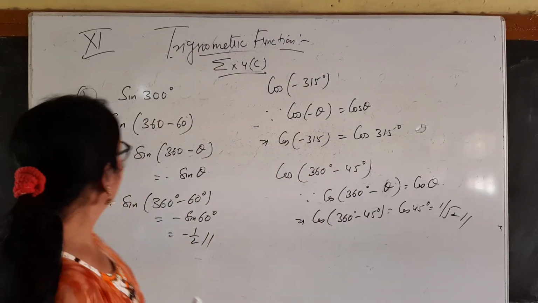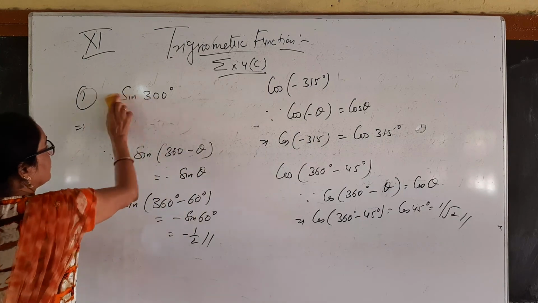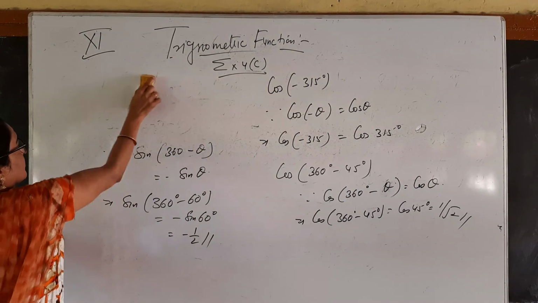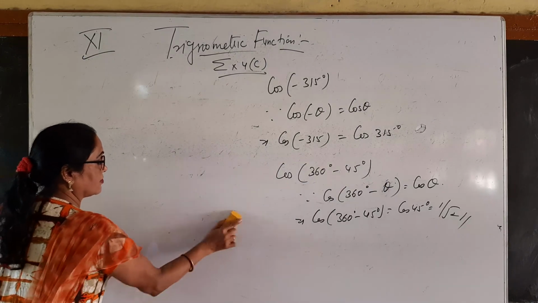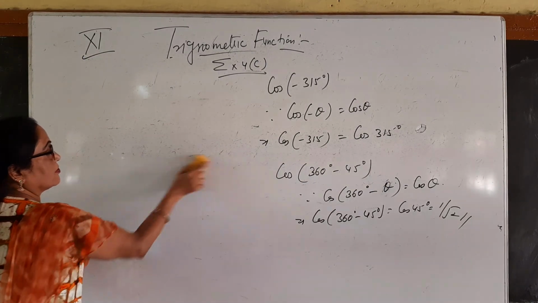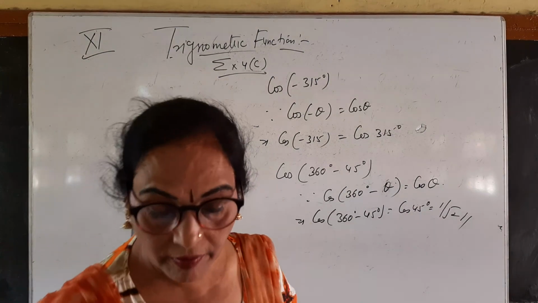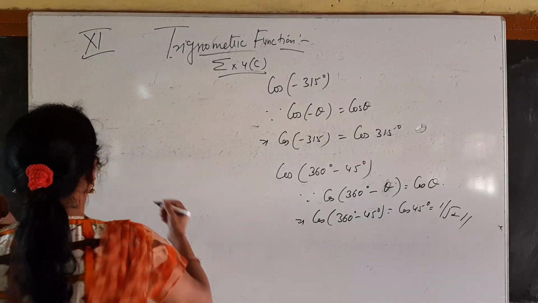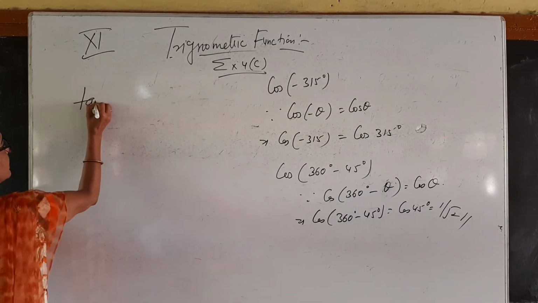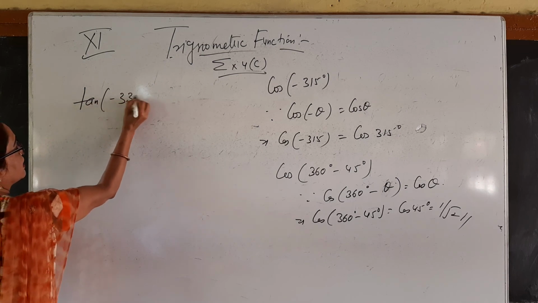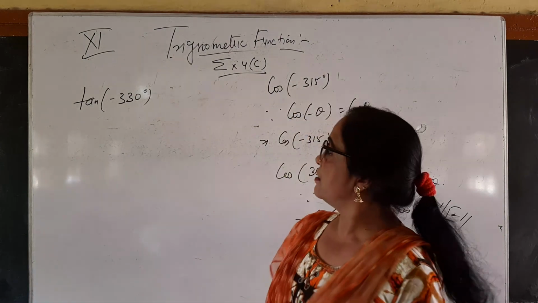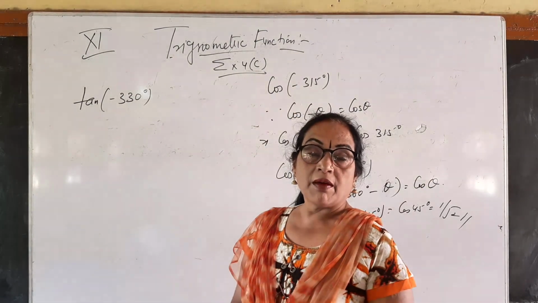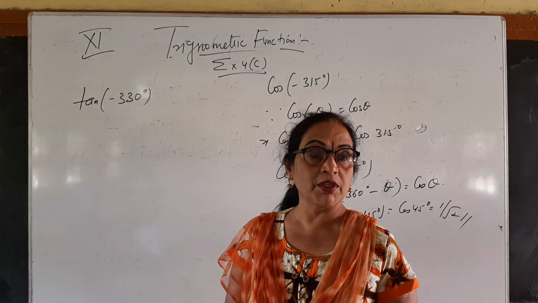Again, for the next one, given tan(minus 330 degree). Again the same, a minus sign is given. First we have to remove the minus sign.